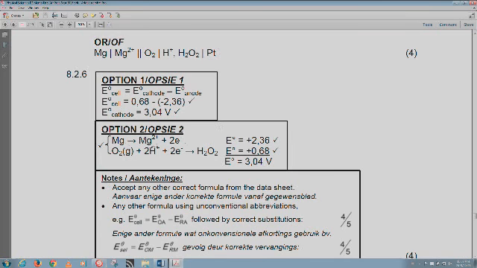And then since the magnesium is already written as oxidation, its EMF must be shown as positive, 1 mark. And then the EMF of the hydrogen peroxide is 0.68, 1 mark. And then the last mark, colleagues, please include it.